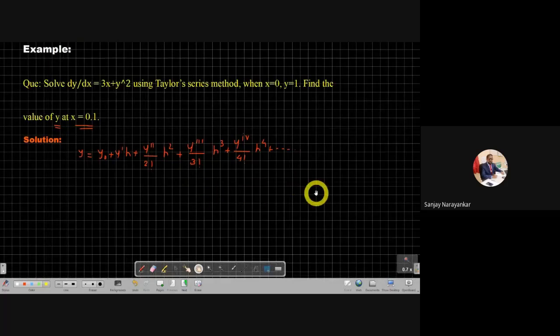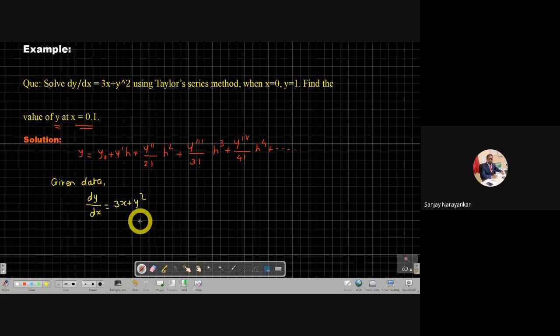Now, if this is the formula, what exactly do we have to write? See, we have to find out y at x is equal to 0. So first of all, we'll write down what is given in the problem statement. So in the given data, you can see that dy by dx is equal to 3x plus y square is given.